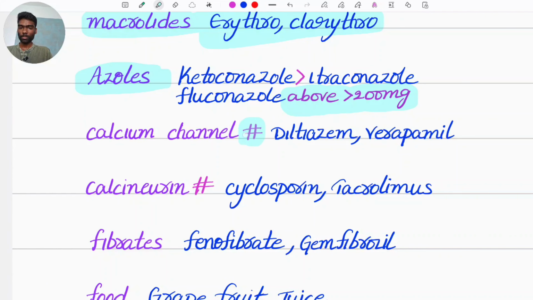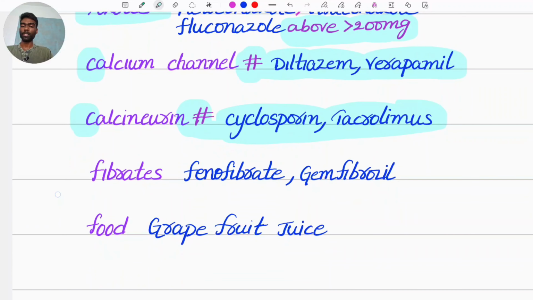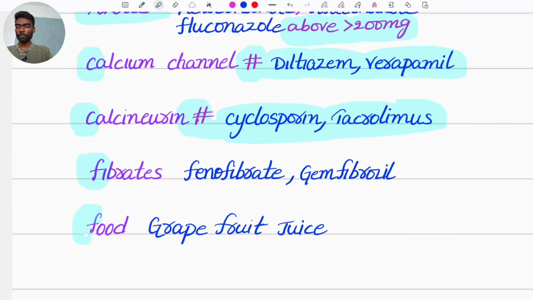Calcium channel blockers like diltiazem, verapamil; calcineurin inhibitors like cyclosporin, tacrolimus. Fibrates like fenofibrate, gemfibrozil, and food like grape juice.